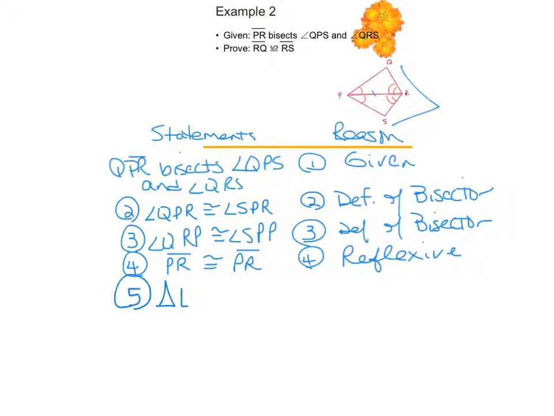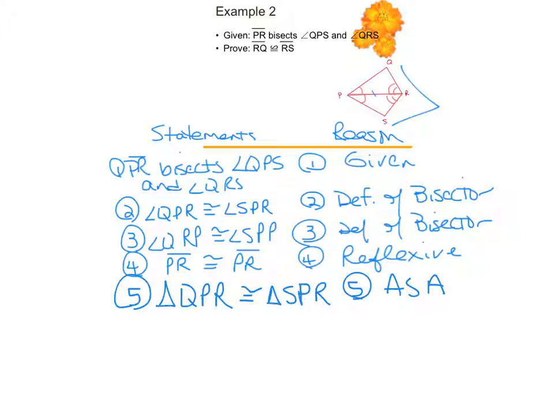So triangle QPR is congruent to triangle SPR, or SRP, let's see. How did I do it? I did QPR, so SPR. And that is angle side angle.